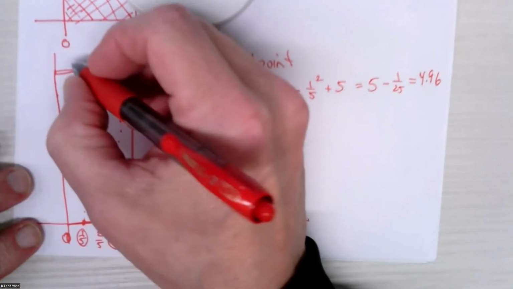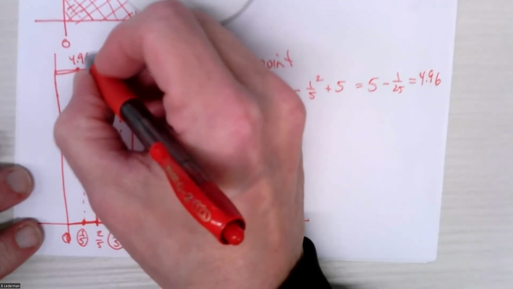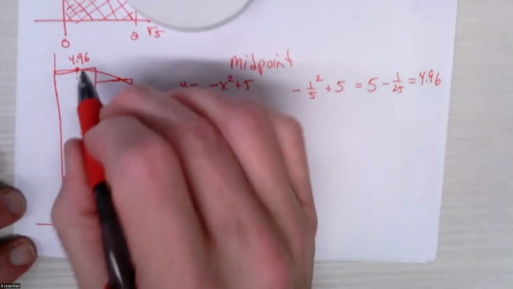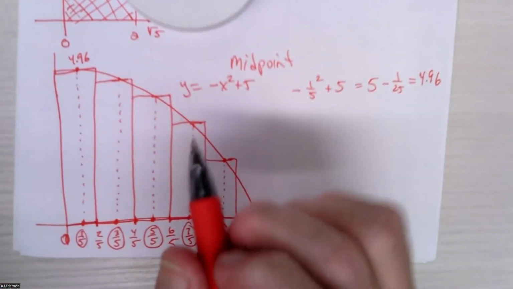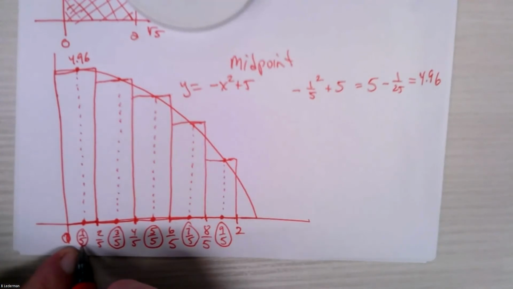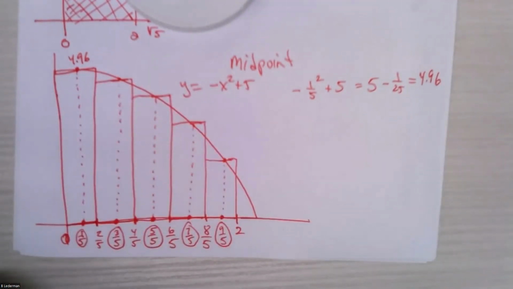The height here is going to be 4.96. That's the height, meaning that's the y value of that point. The x value is 1/5. Y value is 4.96. I'm realizing now that decimals is going to be to our advantage.